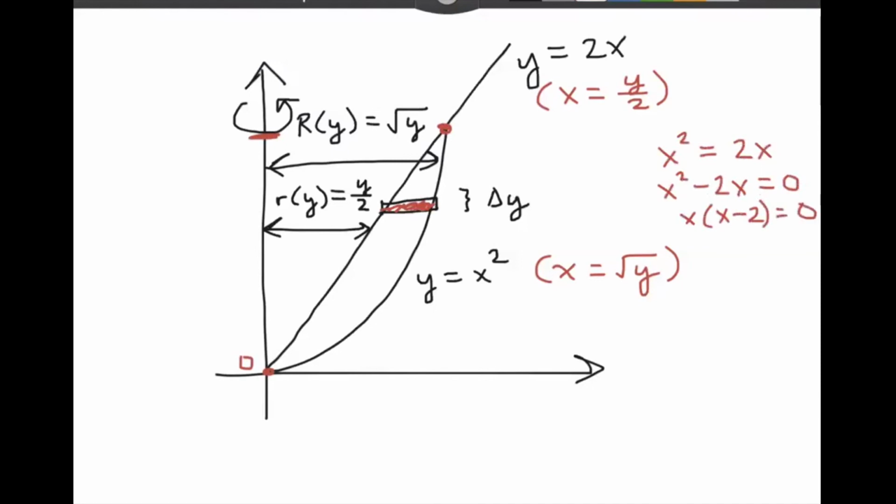And that equation has two solutions, x equals 0 and x equals 2, which means that this point has an x coordinate of 2, but I really need to know the y coordinate. By substituting that into either one of the equations, I get that the y coordinate is 4. So the upper limit of integration will be 4. And we'll switch back to the slides.